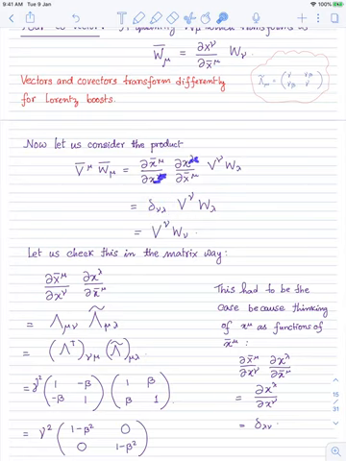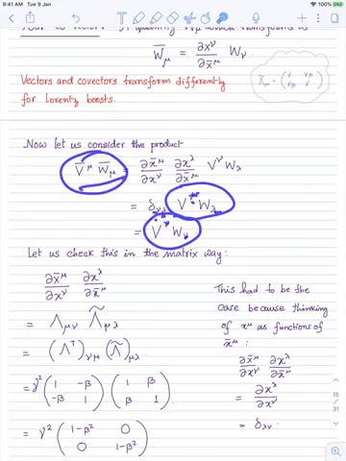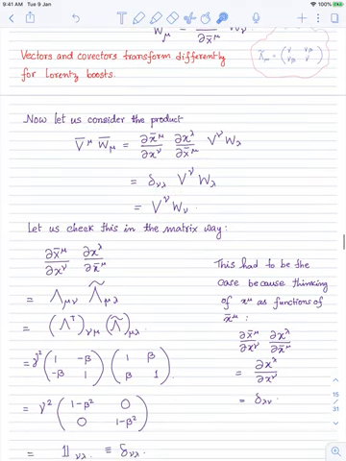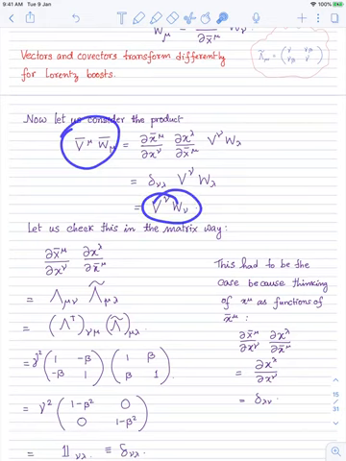Only when nu and lambda are equal is this derivative non-zero, and then this delta enforces these two indices to be equal, nu and nu. So essentially, this thing remains invariant, if you like, under a coordinate transformation.